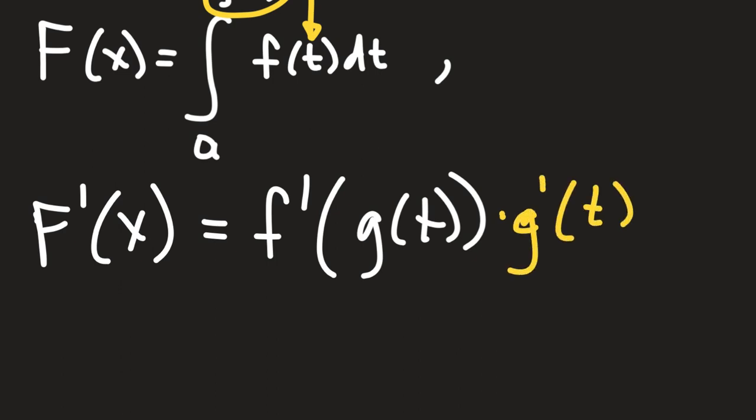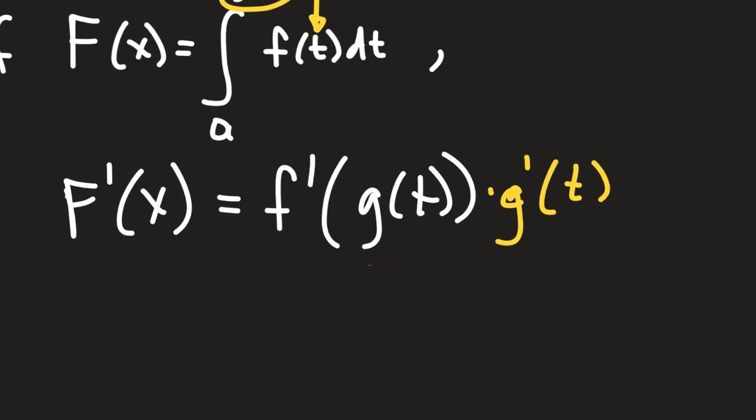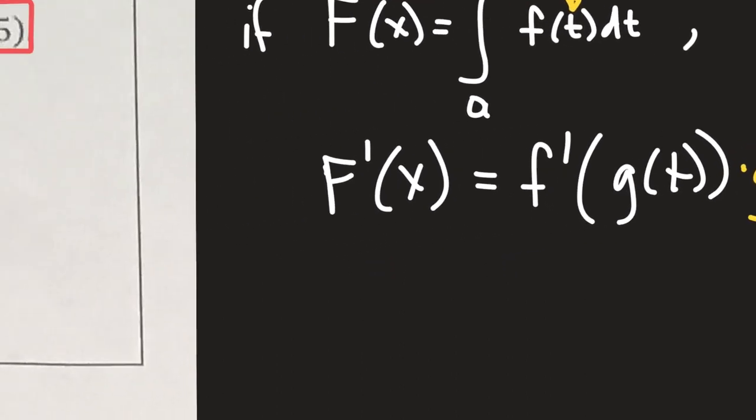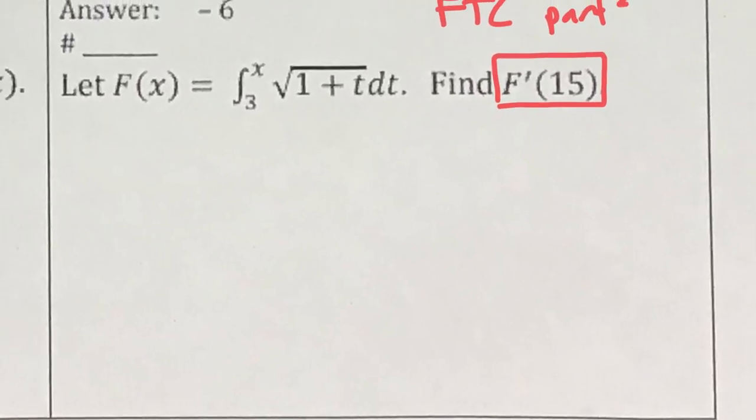This is only good when we have a variable as our upper limit of integration. So F prime is g of t times g prime of t. That's how we take the derivative of an integral.